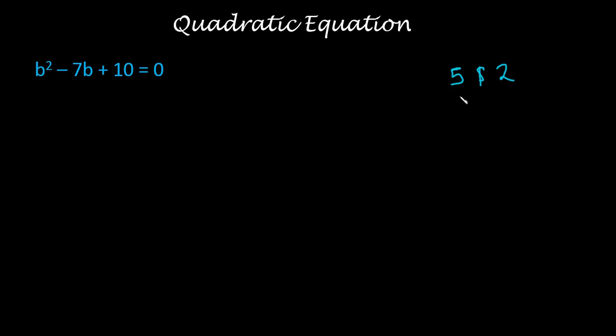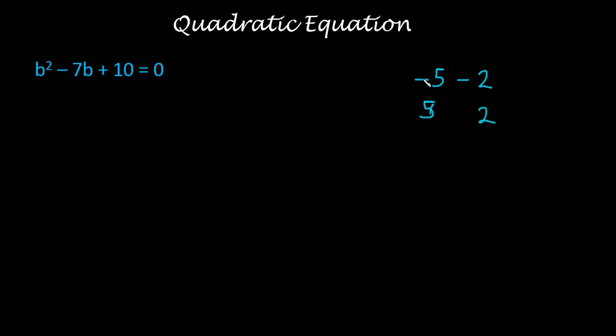So first we have minus 5 and 2. That won't work because that will give us something like 3. So we can have 5 plus 2, which gives us 7, but not minus 7.